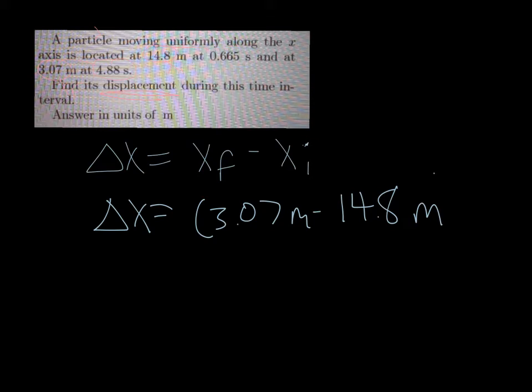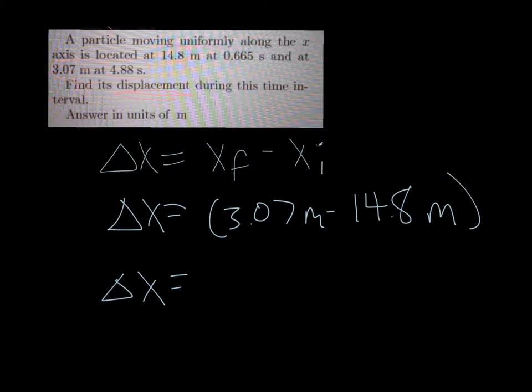In this case, delta x will be equal to your xf, which is 3.07 meters, minus your xi, which is 14.8 meters. So I should have gotten negative 11.73 meters. Please make sure that you're plugging your numbers in to get this answer.